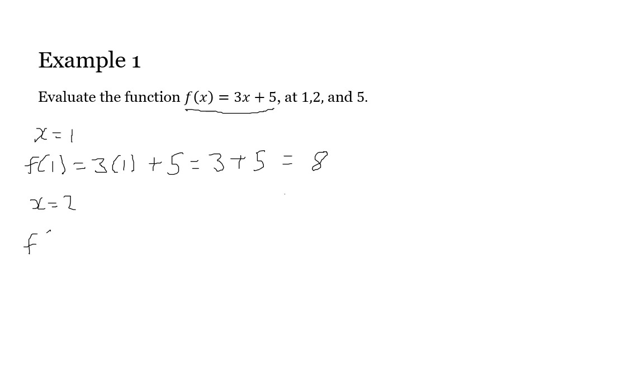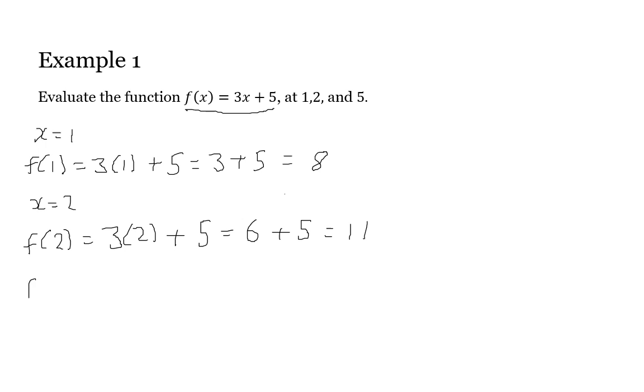We write f of, instead of this x, we write 2, then 3, instead of this x we write 2, plus 5. 3 times 2 will give us 6 plus 5, and 6 plus 5 we have 11.